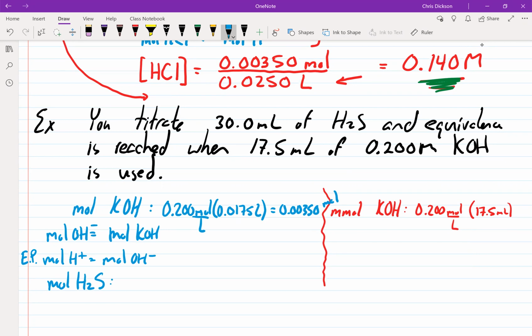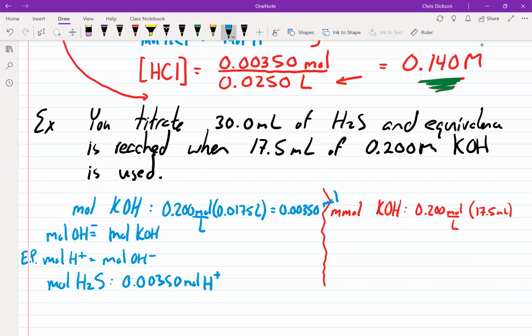We have to figure out, should we double the number we got, or halve the number, or square root? What other things can you do with a 2? Square it. So let's see what we would get here. The connection is that I have 0.00350 moles of KOH, which is also the same as the OH, which is also the same as the H plus.